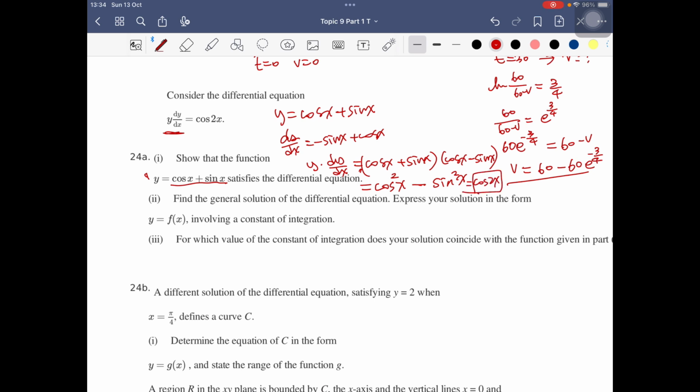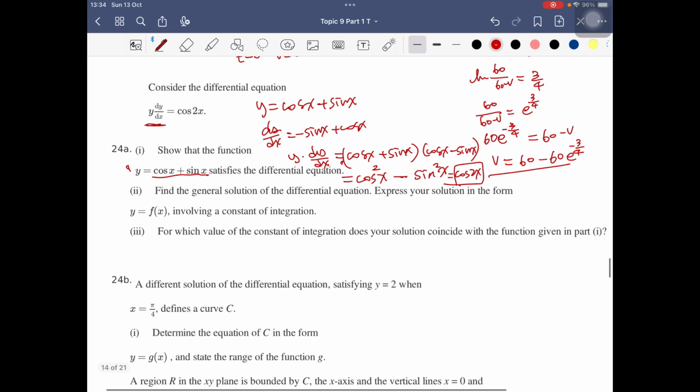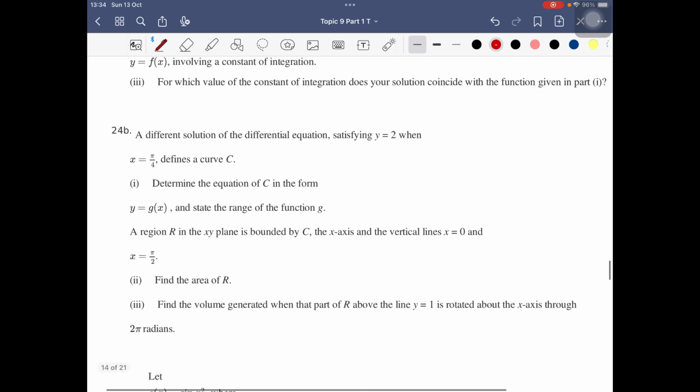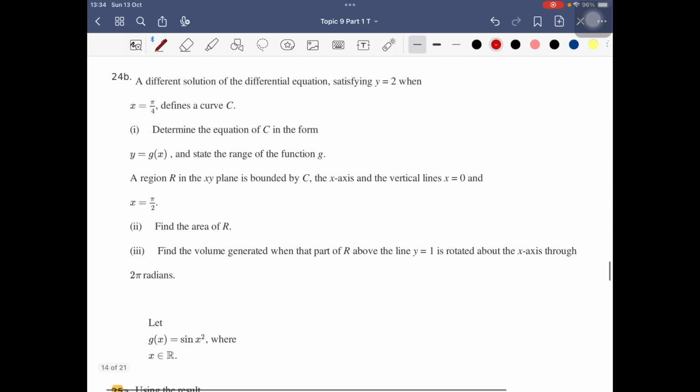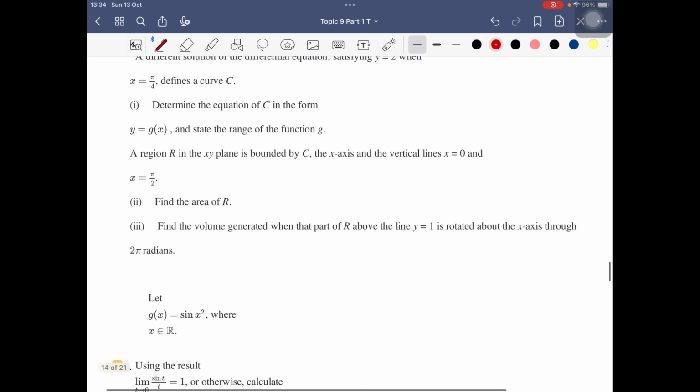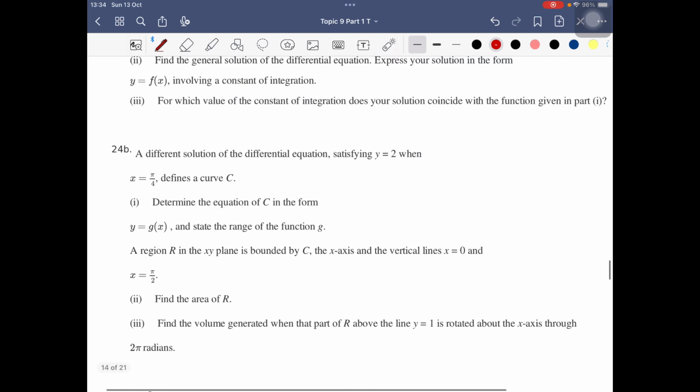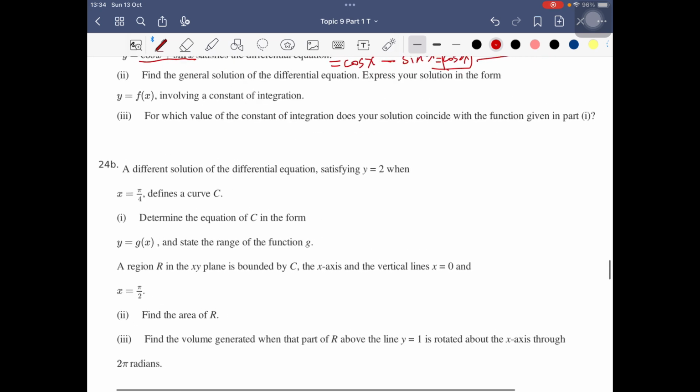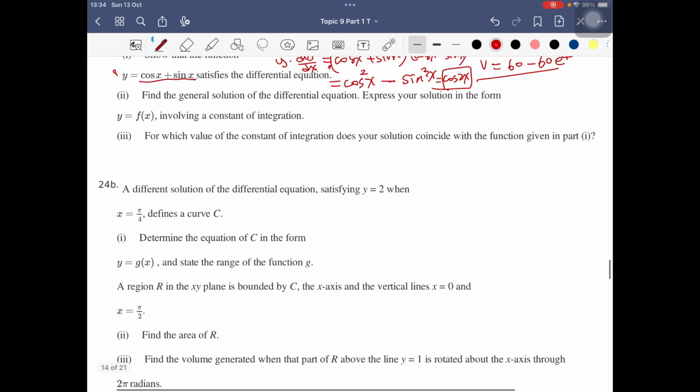And the general solution of the differential equation. Yeah, I think you can find it. So let's go further down. Okay, so different solution. Yeah, we need to go further.